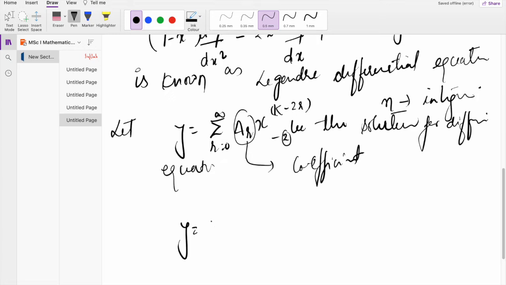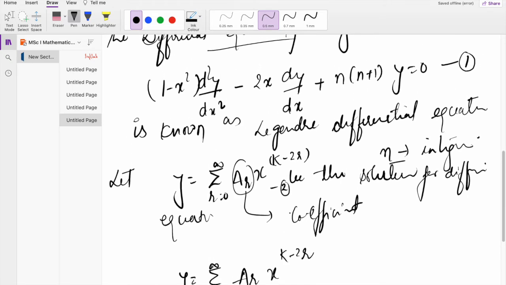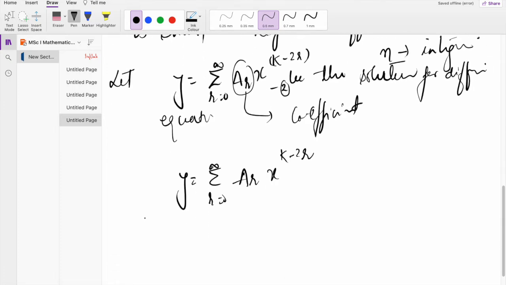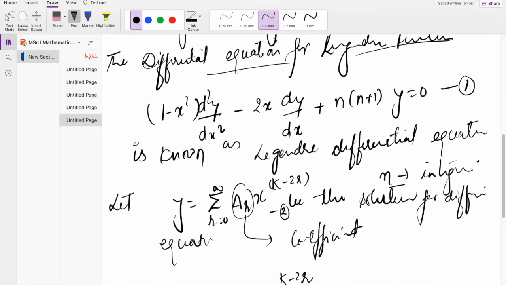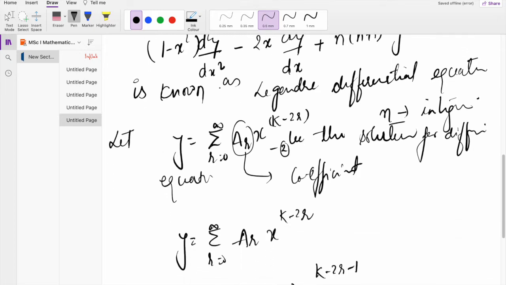From the differential equation, we need to differentiate this y with respect to x, which gives summation r tends to 0 to infinity ar (k minus 2r) x to the power k minus 2r minus 1.